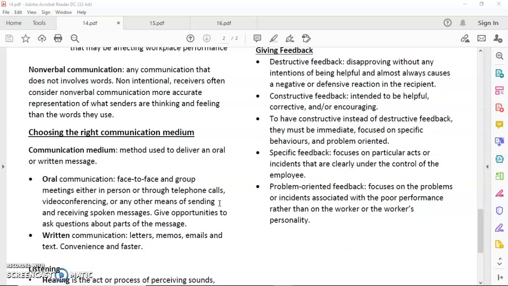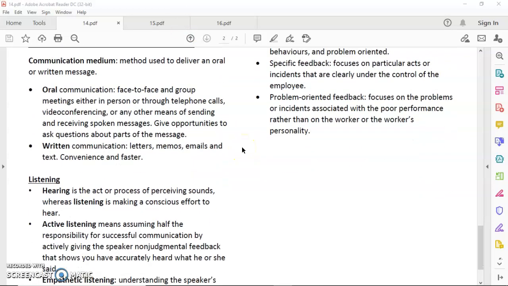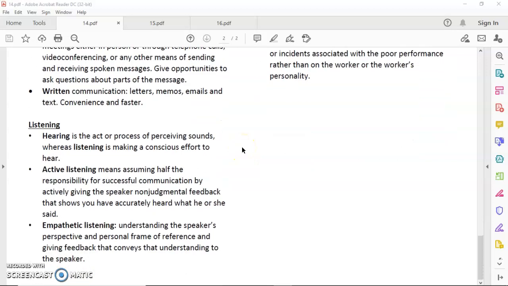And after we know how to communicate, whether it's verbal or nonverbal, we need to choose the right communication method, oral or written. Both methods are used to deliver a message that needs to be communicated from one person to another.